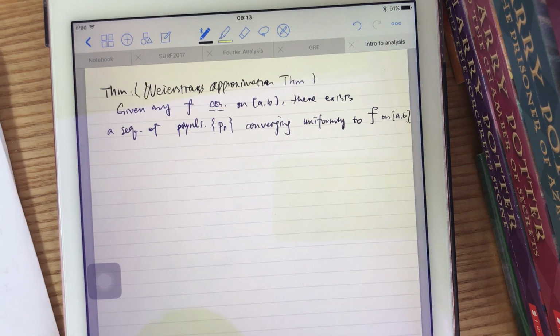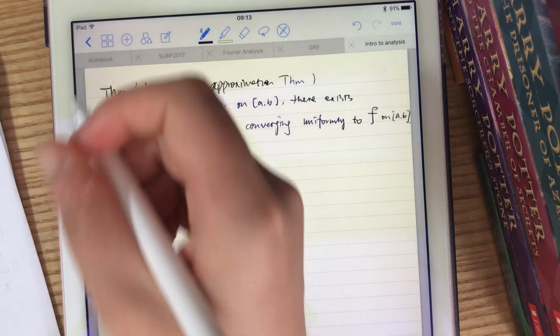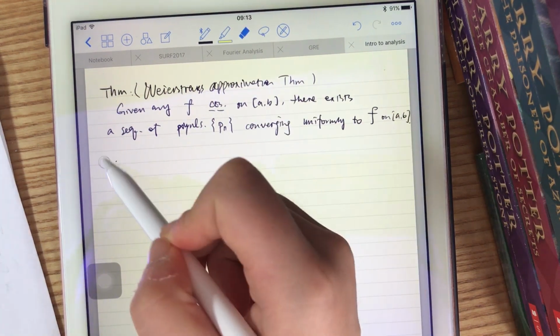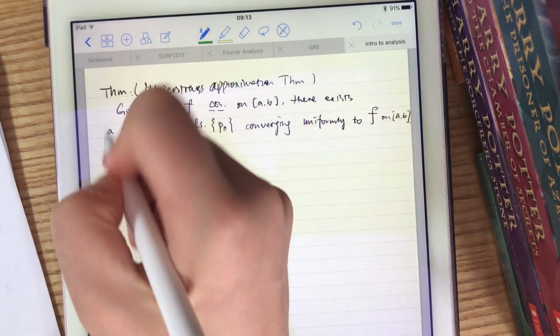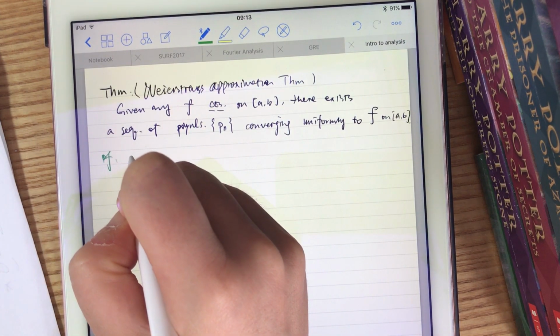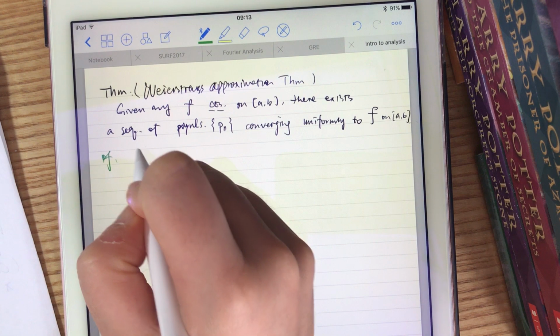Okay, so now let's state the proof. First of all, we do some little preparation.